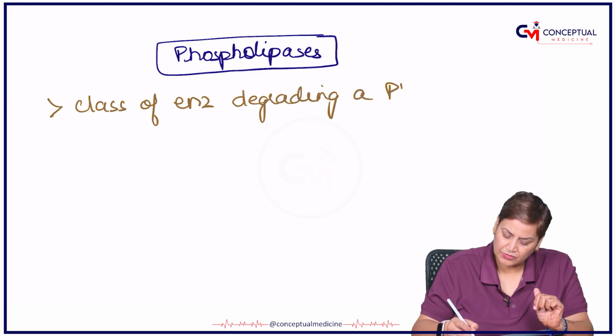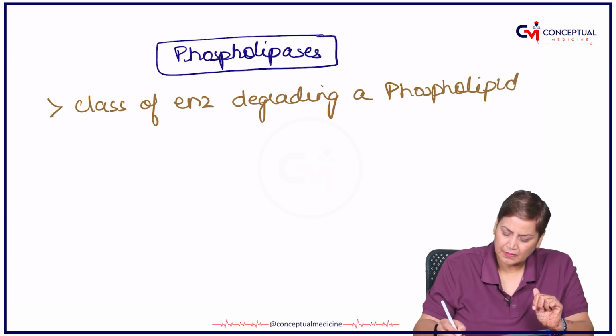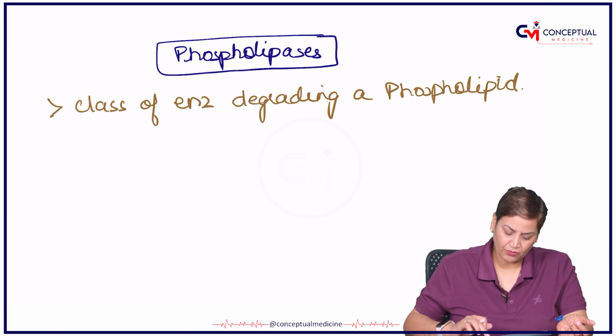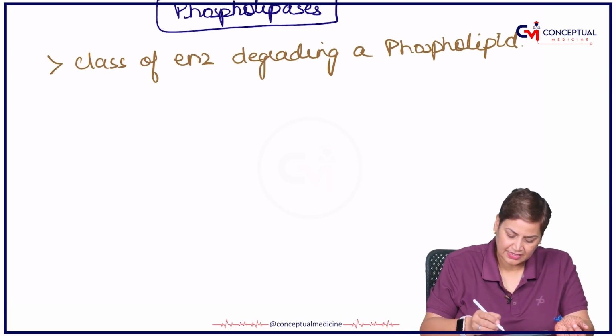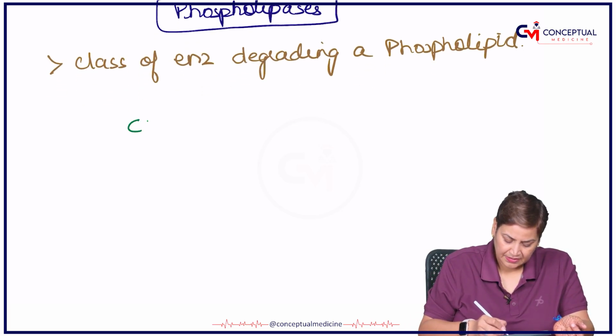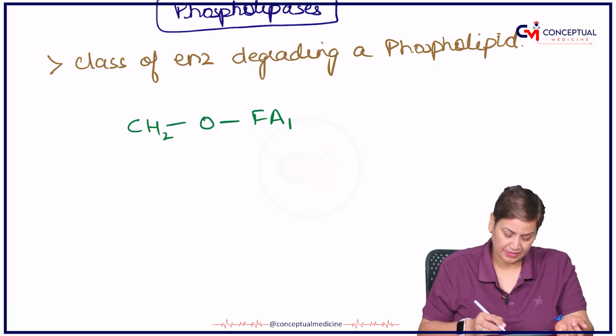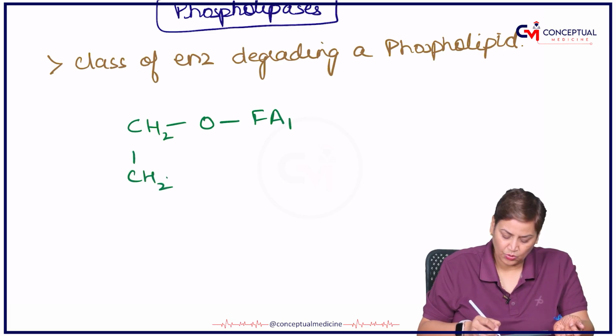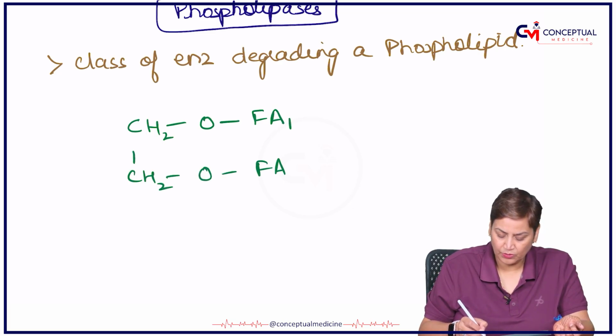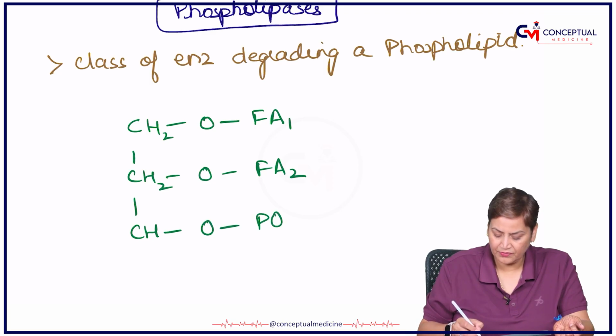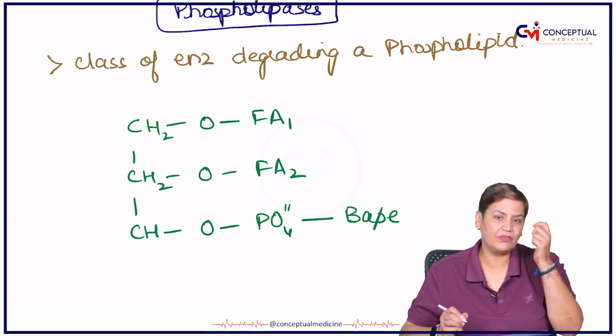The structure of a phospholipid is in front of us. I'll just write the structure: CH2O fatty acid 1, CH2O fatty acid 2, CHO phosphate which is connected to a base. This is what we have studied.